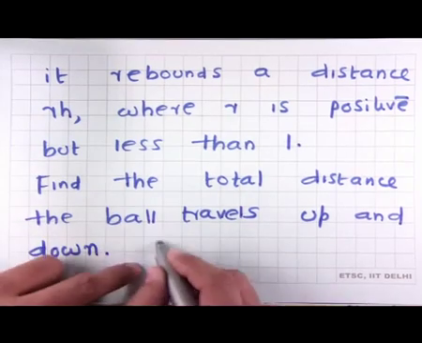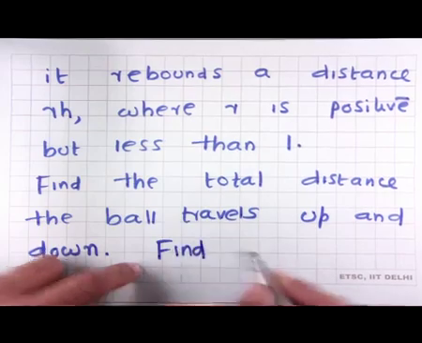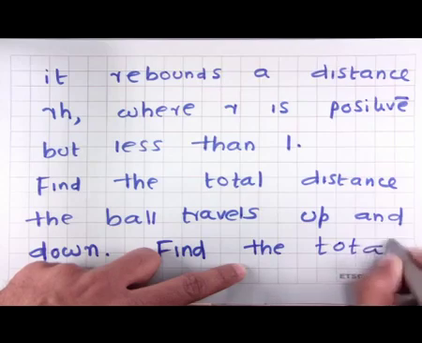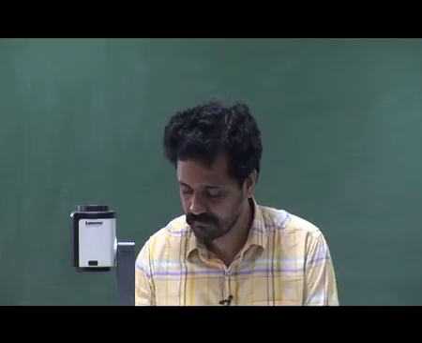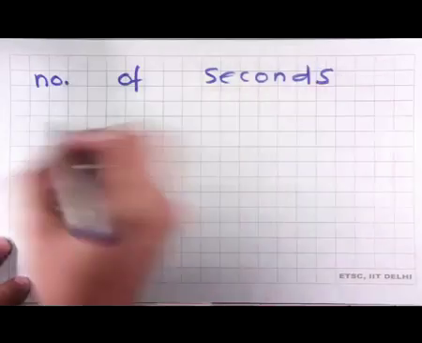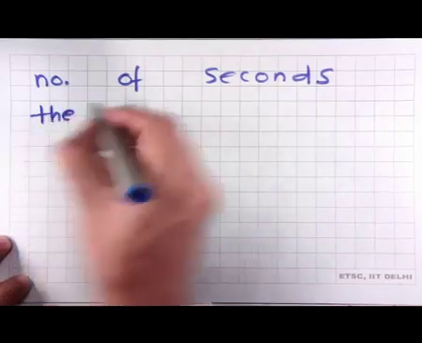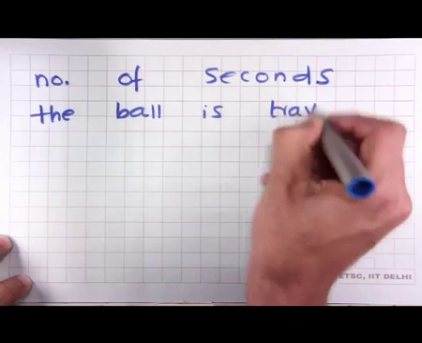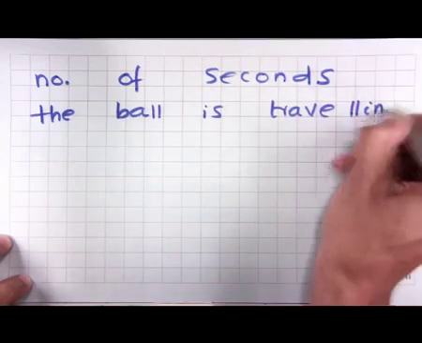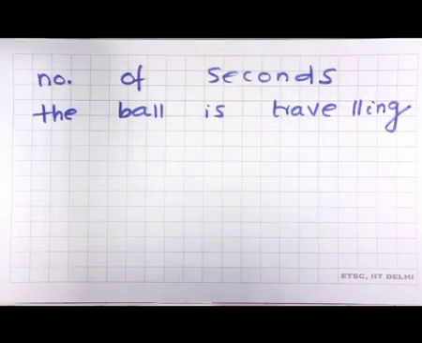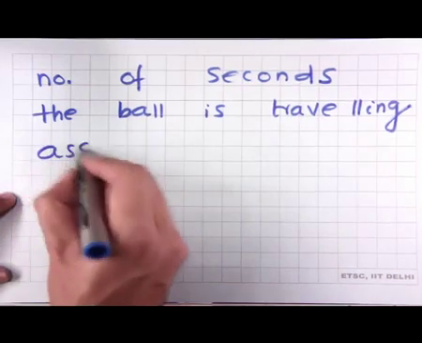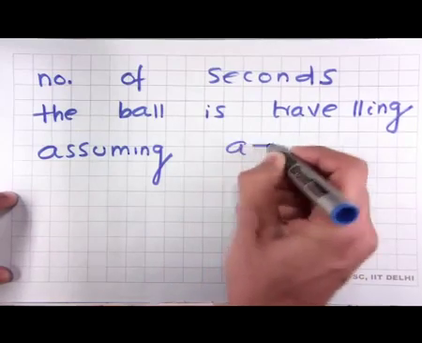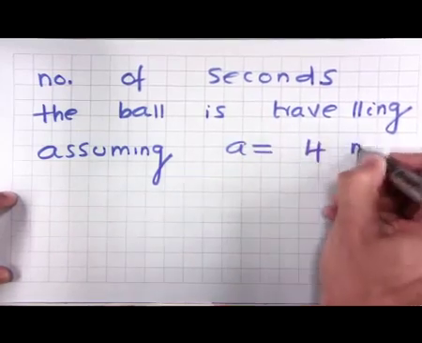Find the total number of seconds the ball is traveling, assuming A, the height, is equal to 4 meters.